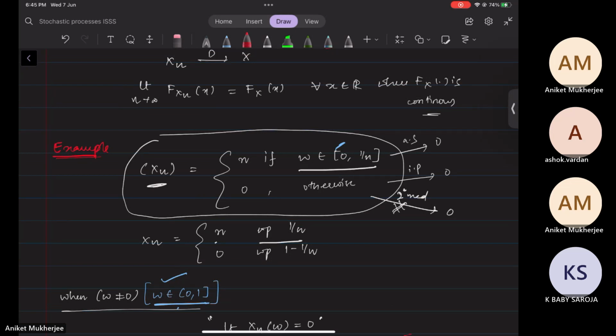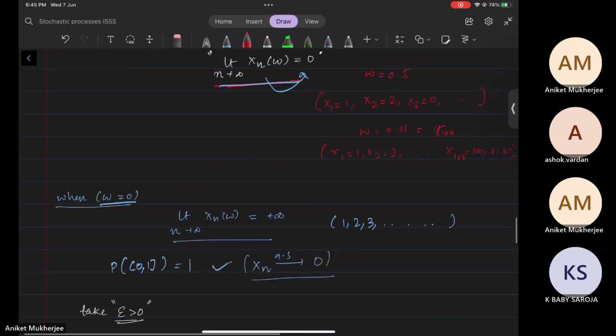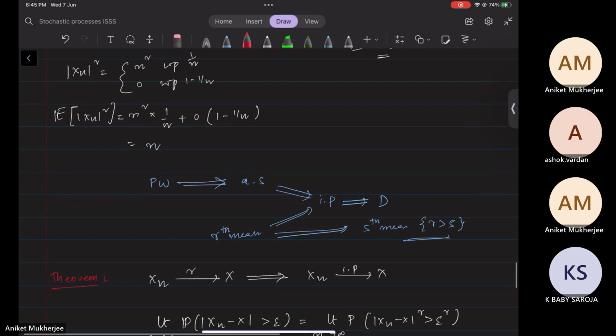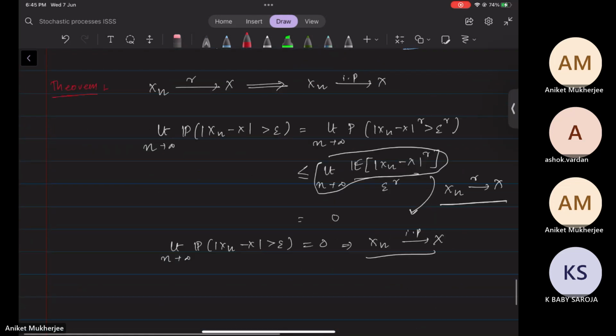The example that we did converged in probability to 0, but it didn't converge in second mean to 0. So this is a counterexample which says that you can have convergence in probability, but not in rth mean sense. So basically this implication diagram does not go this way. Convergence in probability does not imply rth mean convergence. Rth mean implies convergence in probability. I hope that is also clear.